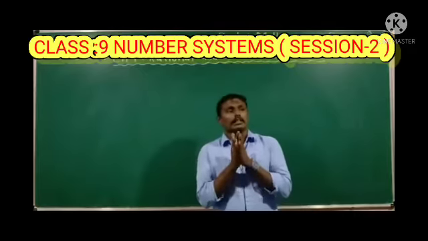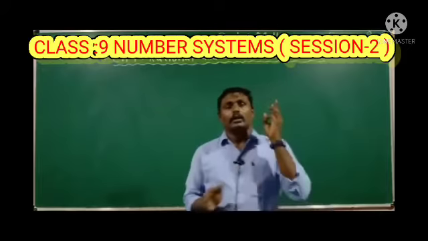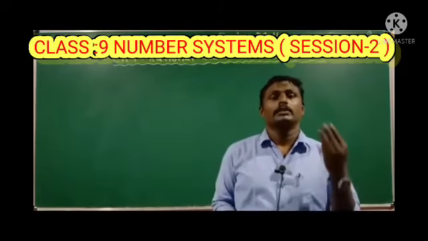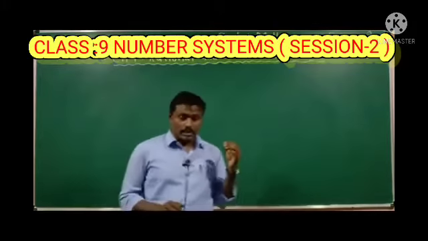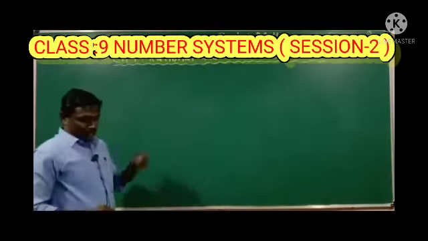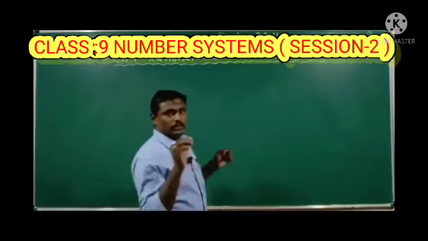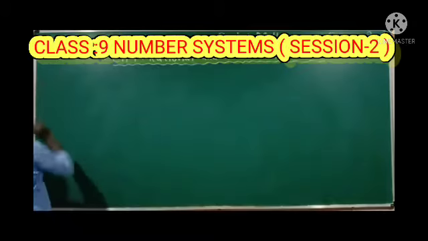We write the rational numbers between two given numbers. In that, we already discussed three methods, right? So in this session we will discuss the same concept, that is, write the rational numbers between. Here I am taking two more examples.